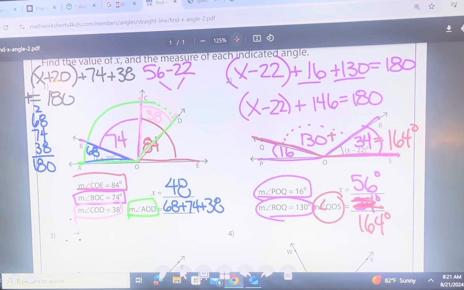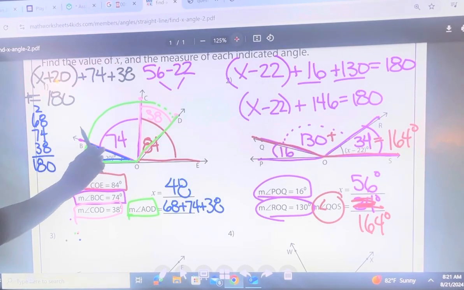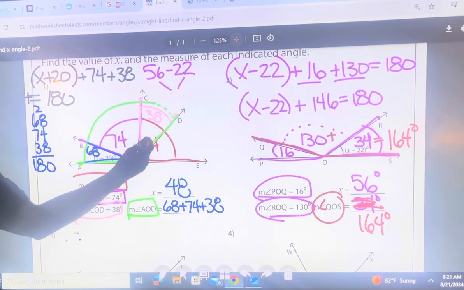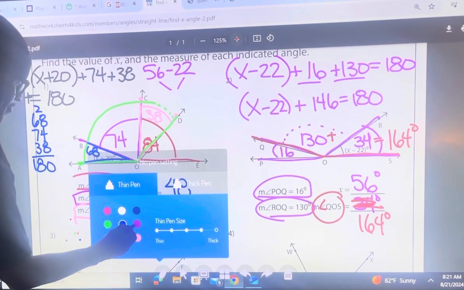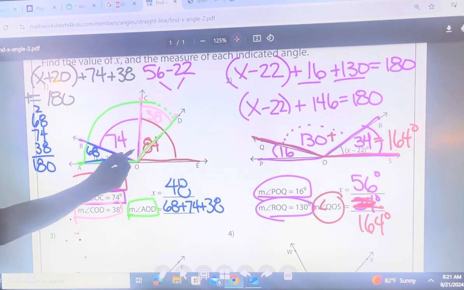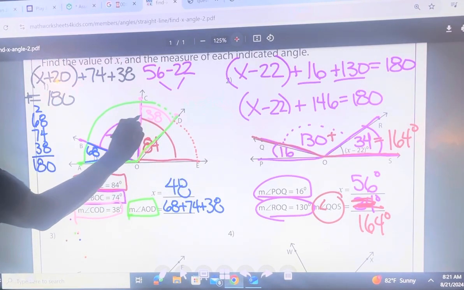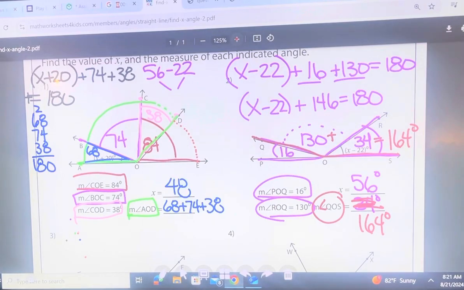Well, not really. The error that was made, remember this entire area was 84 and we chopped this in half and made this 38? The simple error was we could just figure out 84 minus 38 makes what?